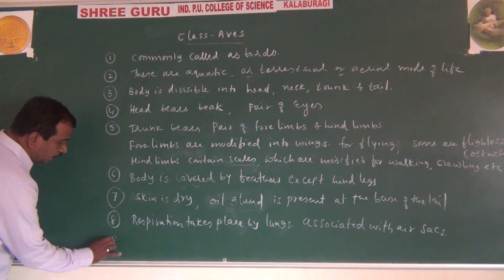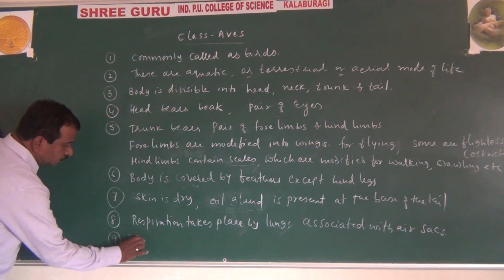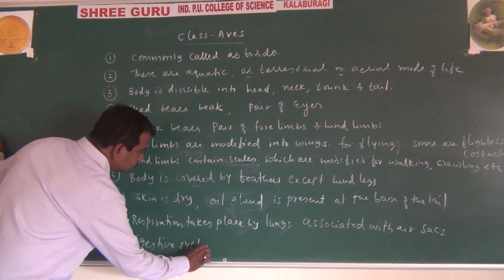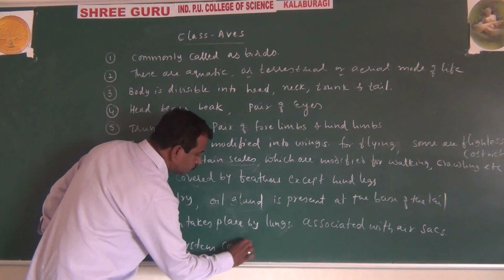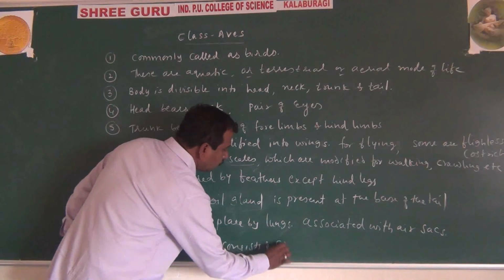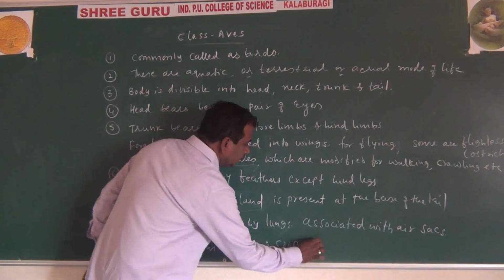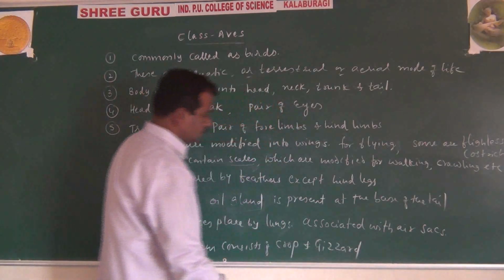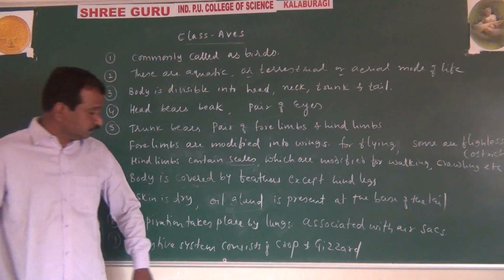So now, the ninth one: the digestive system consists of crop and gizzard. This is also a unique character. What is the importance of this?